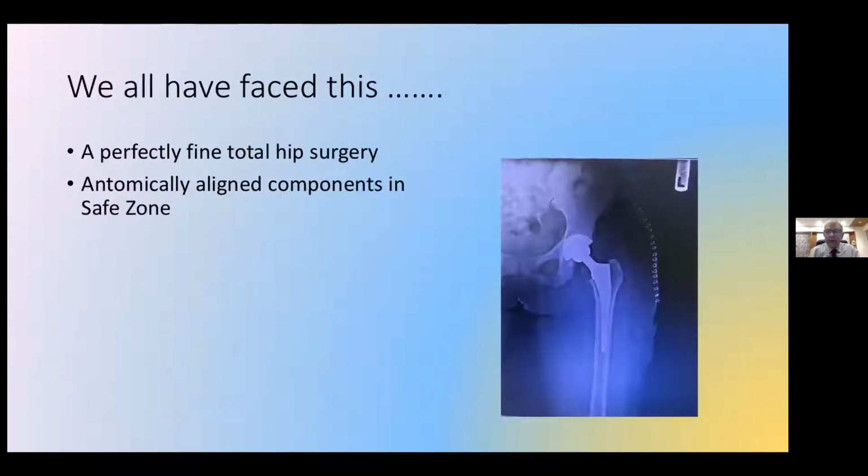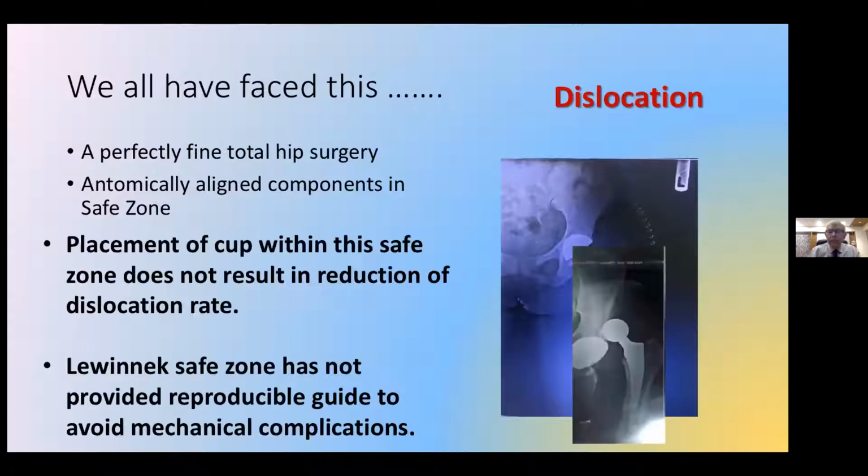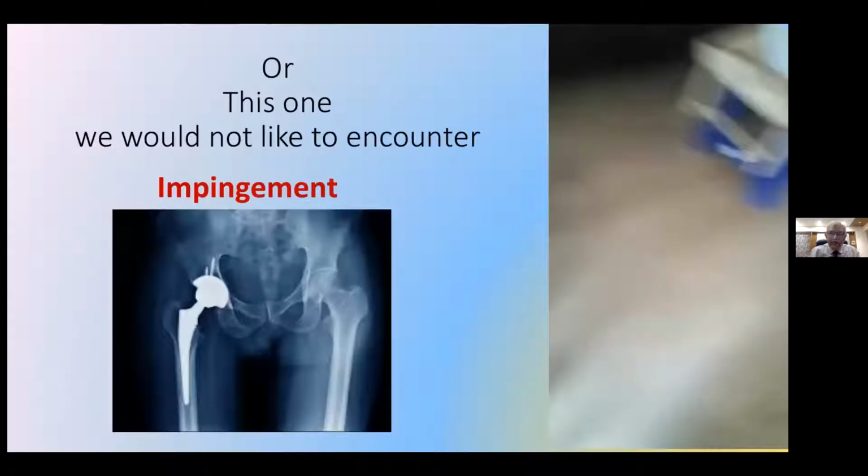We have all done this. We have put our cup in the safe zone of Lewinnek and anatomically aligned components as seen on X-ray, but still it dislocates. The Lewinnek safe zone has not provided a reproducible guide to avoid mechanical complications. Placement of the cup within this safe zone does not always result in a reduction of the dislocation rate, or, at the same time, impingement.